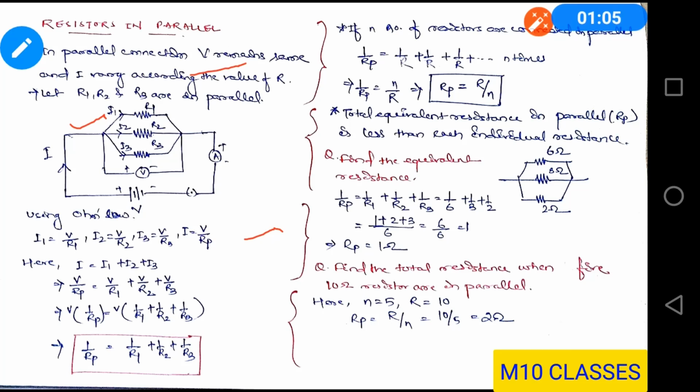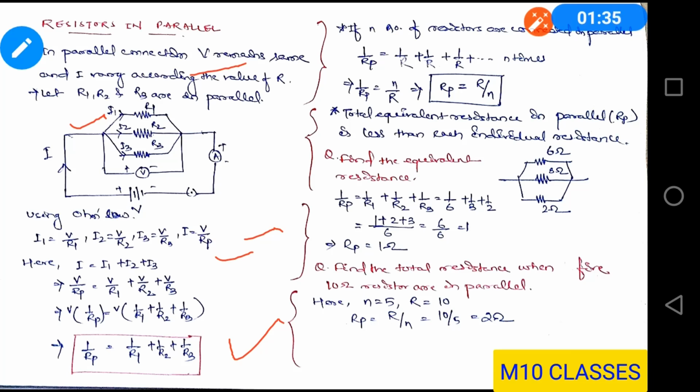Now as this current I is divided into three parts, I1, I2 and I3, I can write I equals I1 plus I2 plus I3. Now put the values. V by Rp equals V by R1 plus V by R2 plus V by R3. And if you take out V as common, you'll get finally 1 by Rp equals 1 by R1 plus 1 by R2 plus 1 by R3.